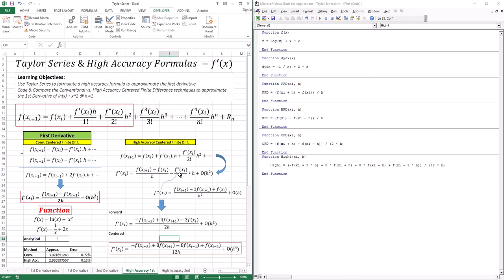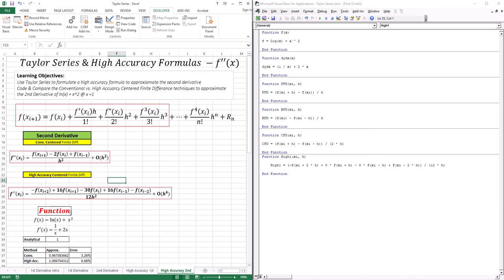Through similar techniques like we did here, we end up with this formula that we have down here. So let's see how it's going to compare to the most accurate formula that I have for the second derivative now, which is the conventional center that we developed in the last lesson.